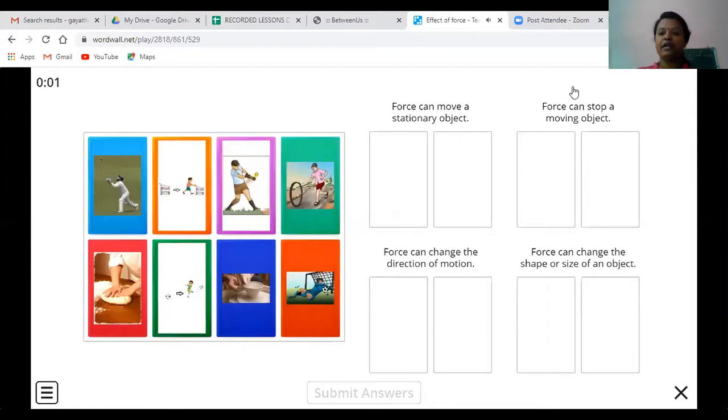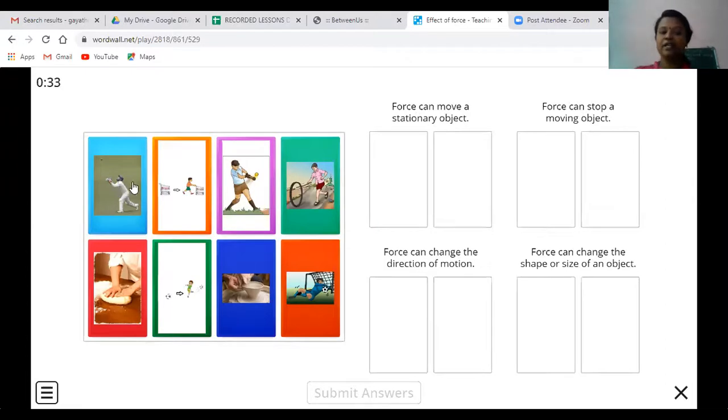Here we need to drag each of the pictures shown alongside to the effects that you see. Force can move a stationary object, or can it stop a moving object? Force can change the direction of motion, or force can change shape and size of the object.